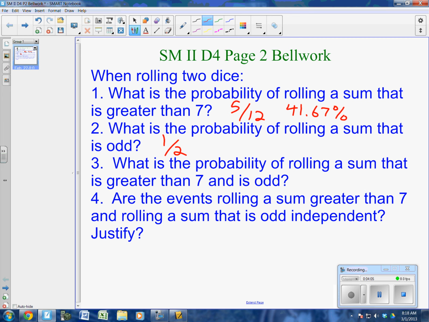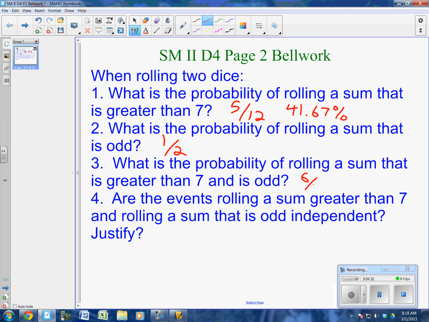Okay, number 4. Are the events rolling a sum greater than 7... Well, I guess we need to answer number 3 before we answer number 4. So I'm going to ask Jalee, number 3. What is the probability of rolling a sum that is greater than 7 and is odd? 1/6? Okay, what did you get originally? 6 out of 36?